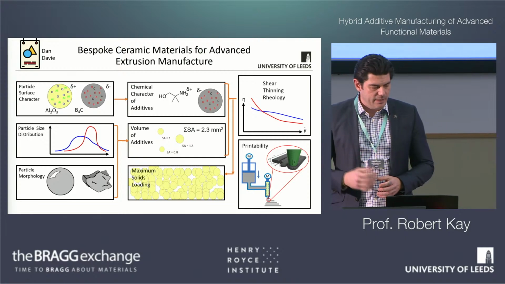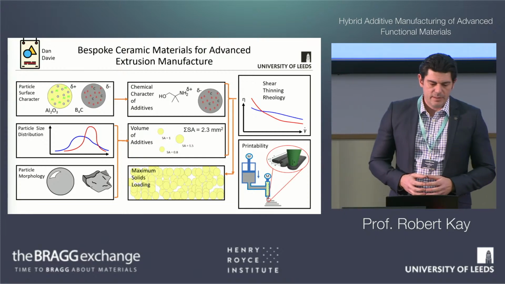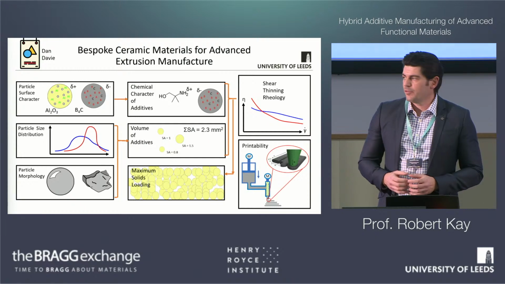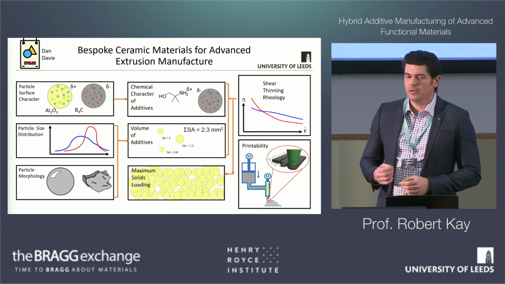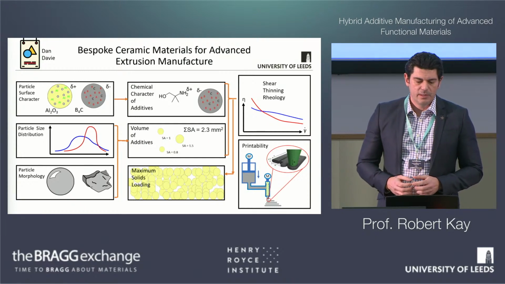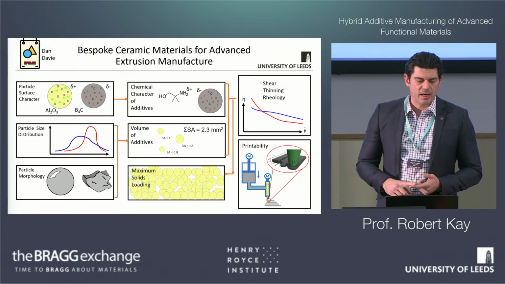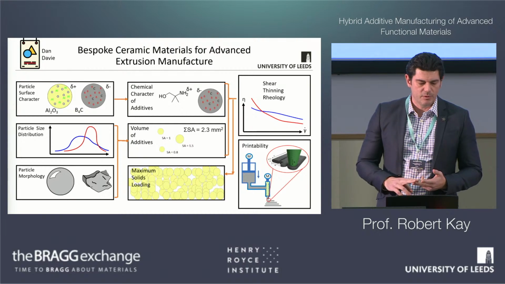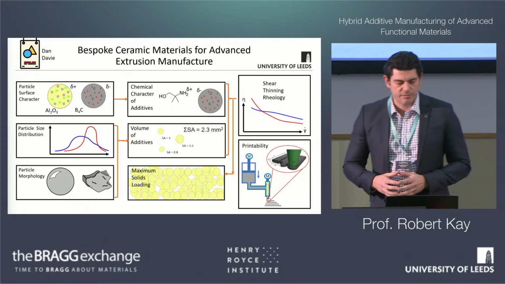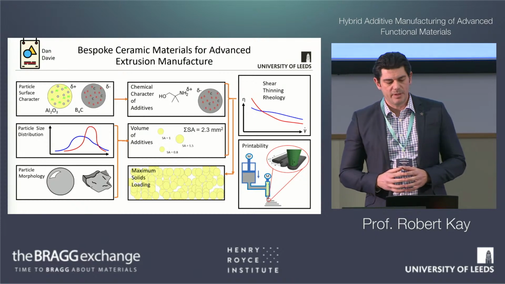One of the PhD students, Dan Davey, is actually looking at this because from a printability, a rheology point of view, printing ceramics is quite challenging. You've got a lot of different types of ceramics. They've got different powder morphology, powder size distribution, and that impacts how you actually formulate these ceramic pastes.